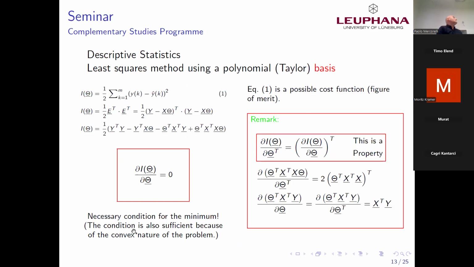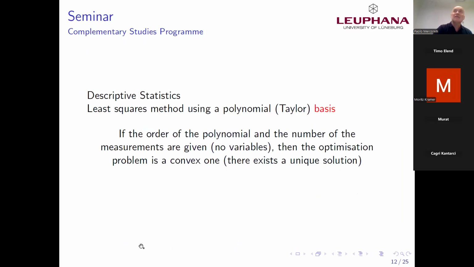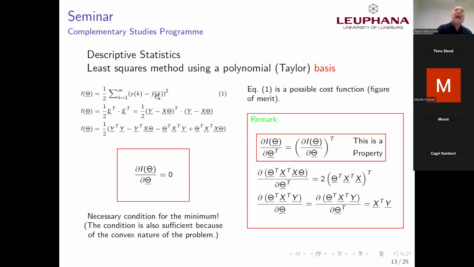Now, again, I can write the cost function in this form. This expression is exactly the same as this expression here: one divided by 2 multiplied by E transposed multiplied by E. Here y hat of K represents y hat of x1, x2.